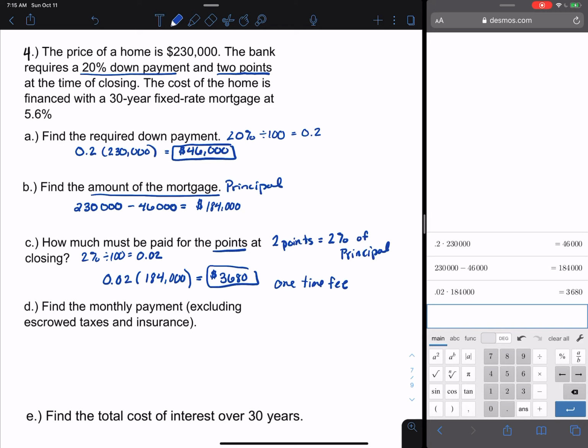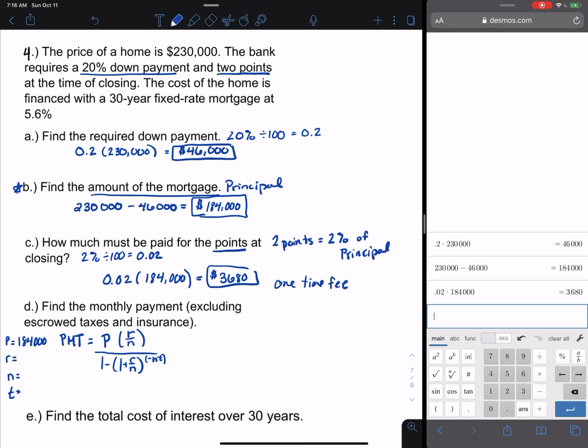So remember our formula: payment equals the principal times R over N, all over 1 minus 1 plus R over N raised to the power of negative N times T. So we need to find the principal, the rate, the N, and the T. We calculated the principal up here in Part B. It was $184,000. Make sure you're using that principal, not the sale price.